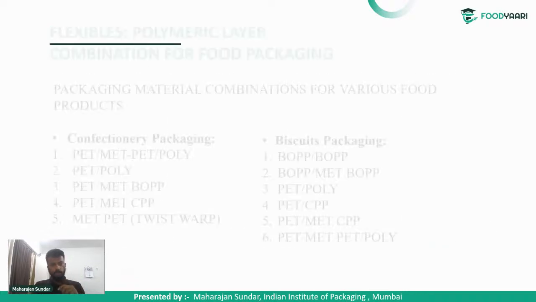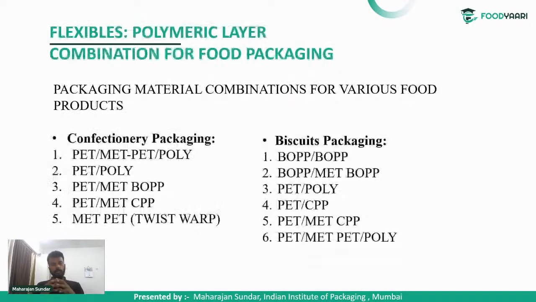Okay, let's go on to an interesting topic. It is flexibles. We have discussed things generally, and now we will discuss flexibles and various polymeric layer combinations, because they are especially used for food packaging. When you think about a laminate, some people might think it is only one layer, but it is not.